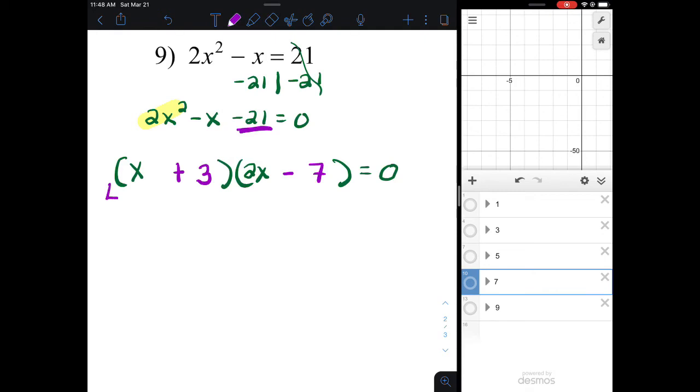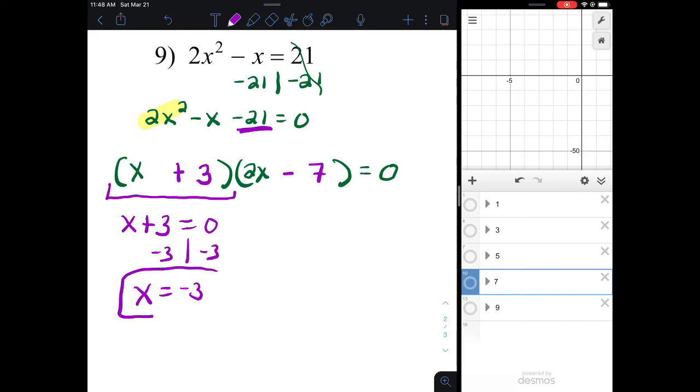Now we solve. So I can zero out the left side if either of those two products produce a value of 0. So I'm going to set the factor x plus 3 equal to 0 and solve. So I'd subtract a 3 to the right-hand side and get x equals -3. And I would do the same process for the other factor. So 2x minus 7.